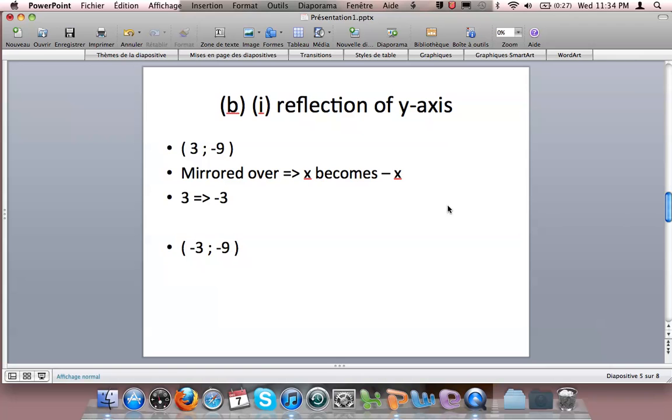So x, sorry, it's over the y-axis, so it mirrors x and it becomes minus x, so 3 becomes minus 3. So the reflection of B in the y-axis is (minus 3, minus 9).